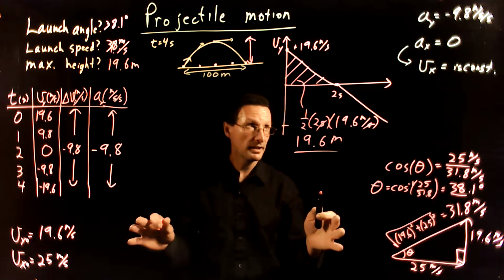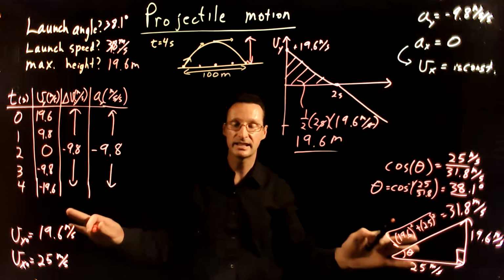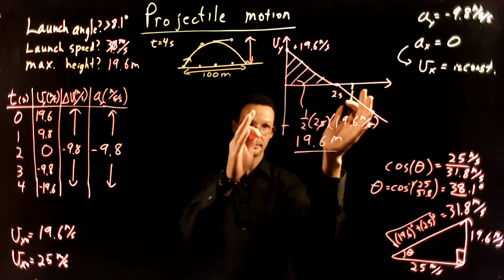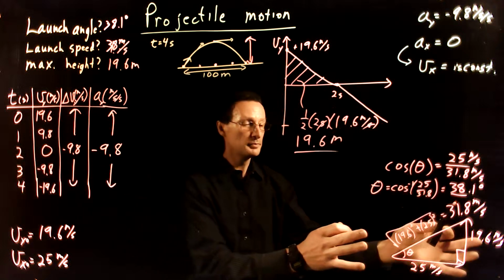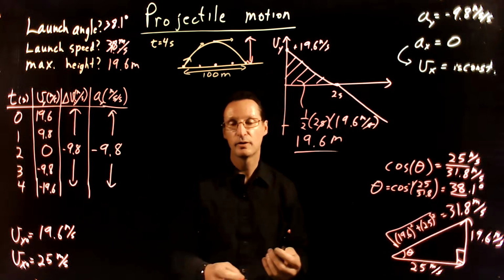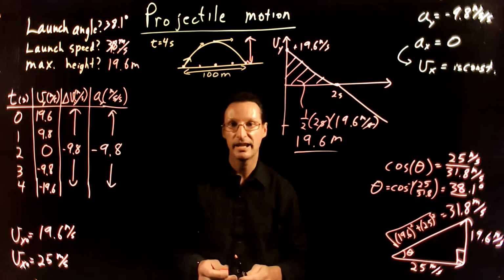The key part of this is that whatever happens in the x and y directions is completely separate. And you can analyze them separately, like with a graph or a table. But then you bring them together with your normal analysis of vectors to find the total magnitude, for example, and the launch angle.